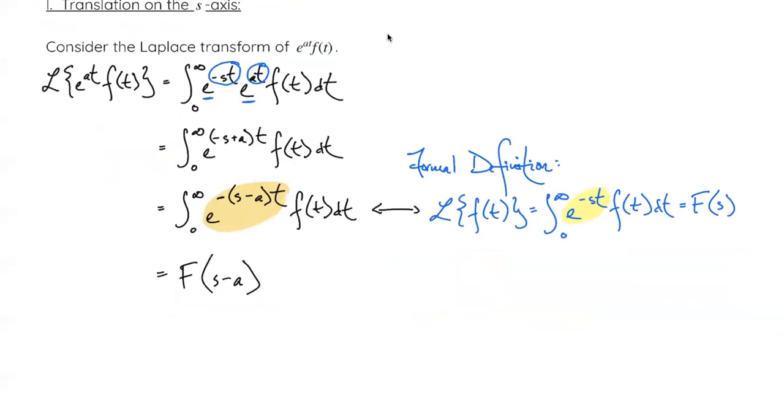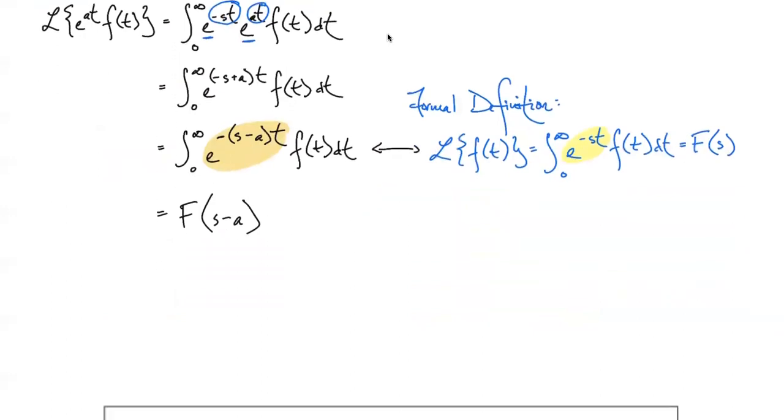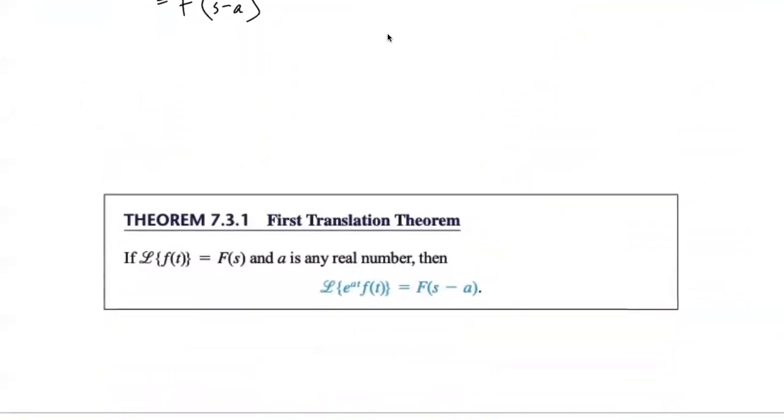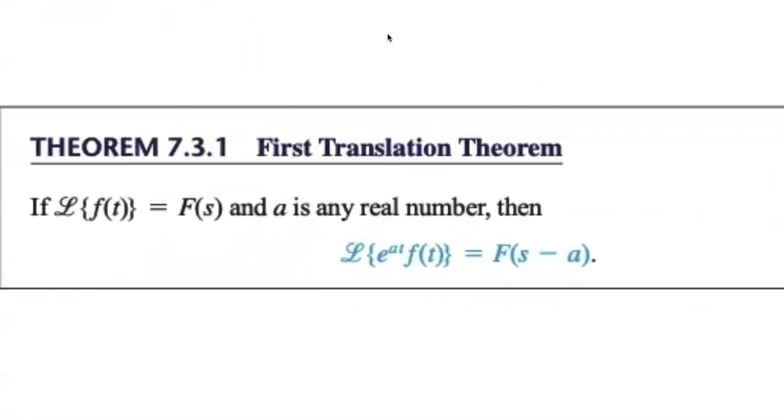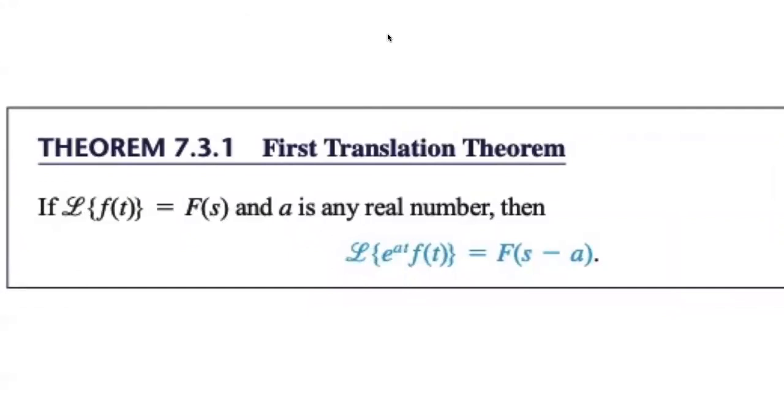All of that is to say, when we have the Laplace transform that we've already defined, and we have some real number, okay, so we're not considering imaginary numbers, we're shifting along this real axis.